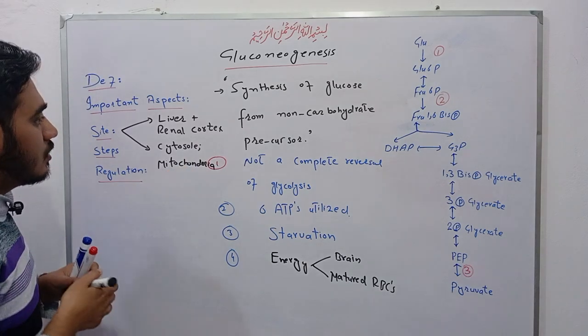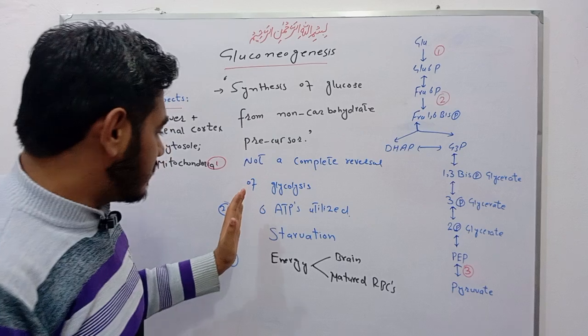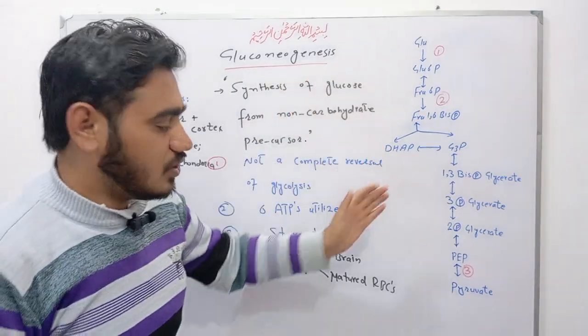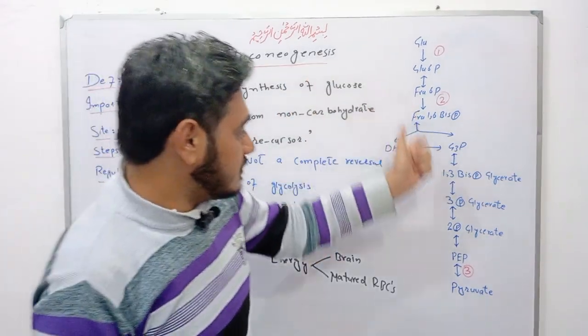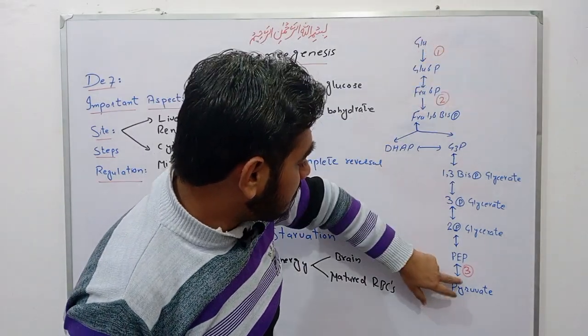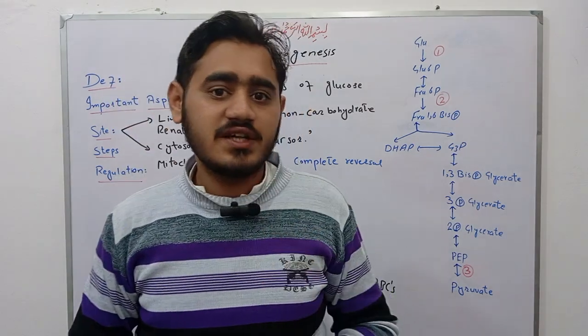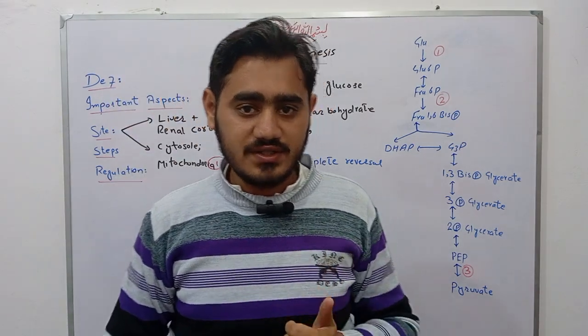Now coming toward the steps of gluconeogenesis. As discussed, it is not a complete reversal of glycolysis, so let's see these three steps: first, second and third. These three steps are reversed by the specialized enzymes of gluconeogenesis.